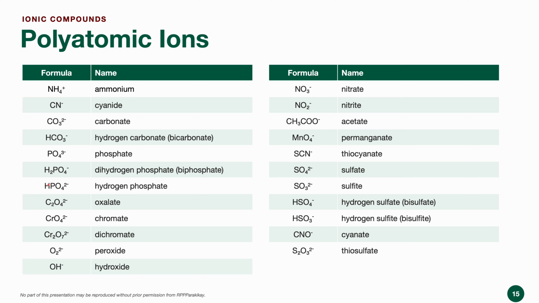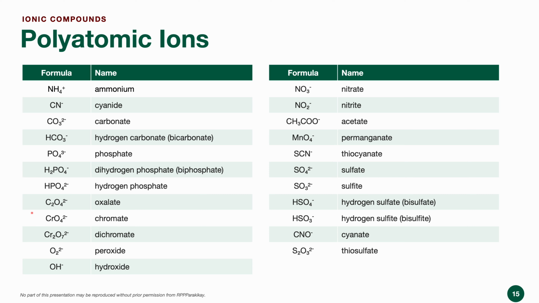Next, we also have sulfate and sulfite. For sulfate, that's SO4 2-, but for sulfite, it's SO3 2-. So the difference is only the number of oxygen atoms. The same with chromate.